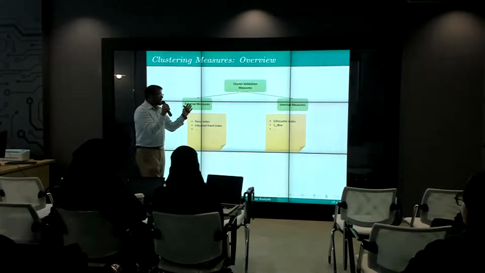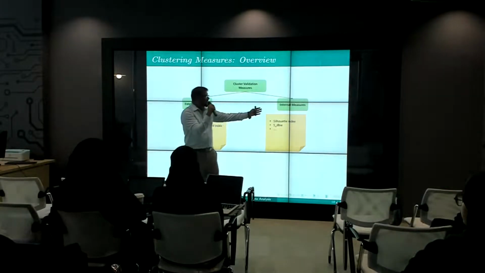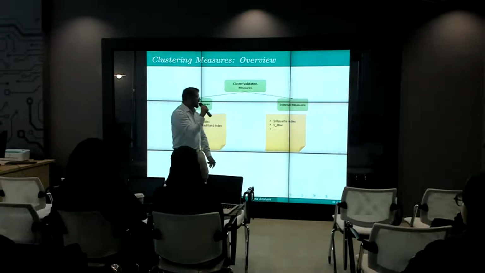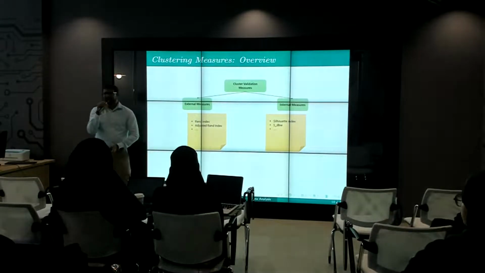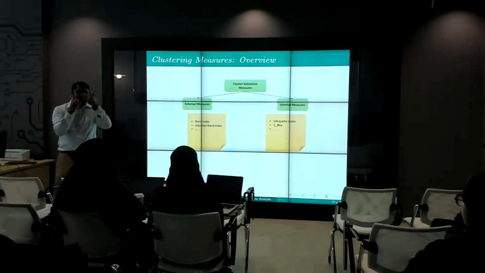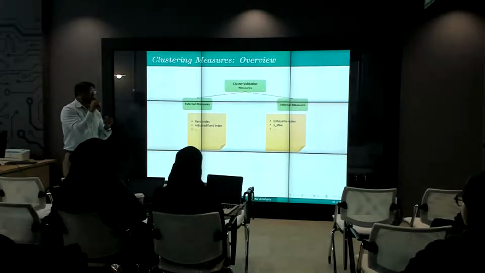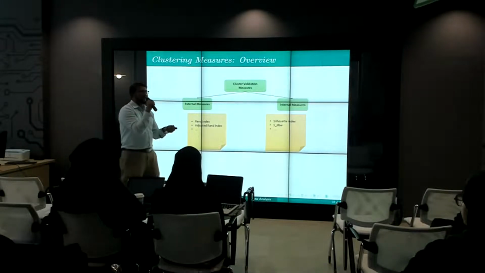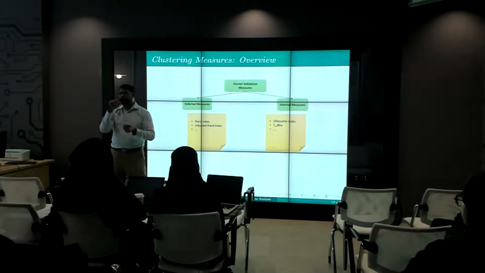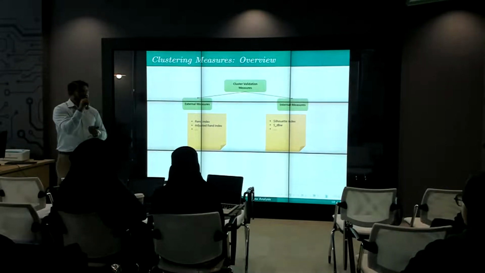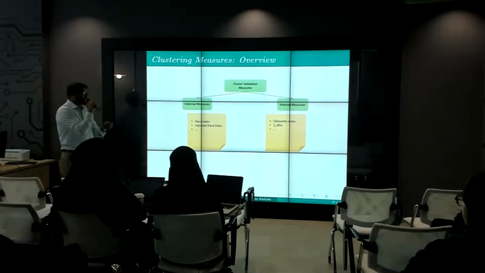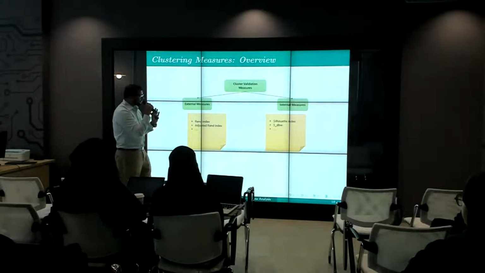Some of the measures are external measures, some of them are internal measures. External measures are hypothetical. Usually for clustering, we start by saying that we don't know the class labels, or what class the data belongs to.